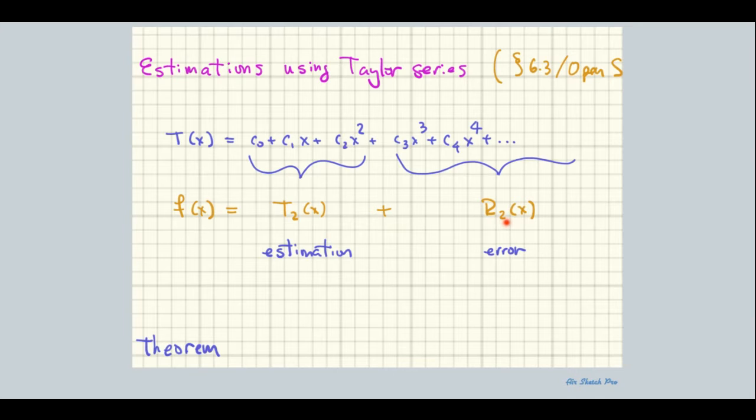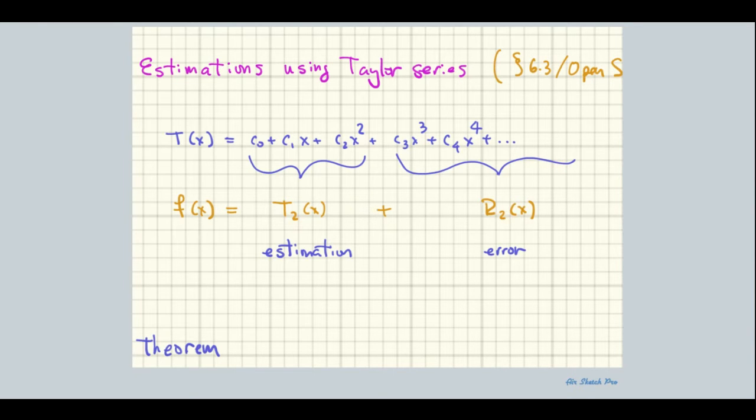The nth remainder starts with the next term after n. So the second remainder starts at the third power. The second Taylor polynomial ends at the second power. The second remainder starts at the third power and then goes on forever.